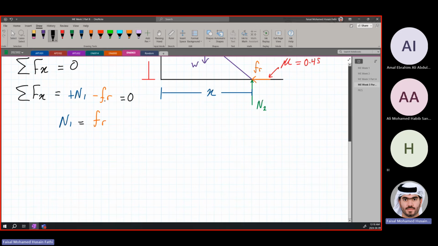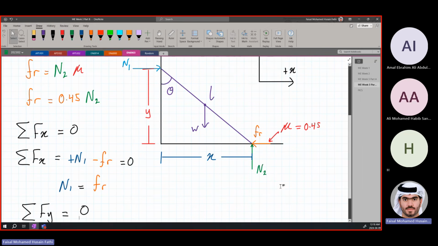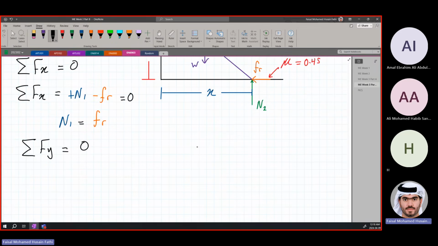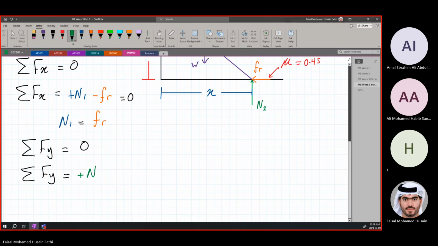Now we will use our sigma Fy, which is equal to 0. What do we have? We have the weight and we have N2, in the positive y direction. So sigma Fy is equal to plus N2 minus W, and the W is going downwards, and this is equal to 0.